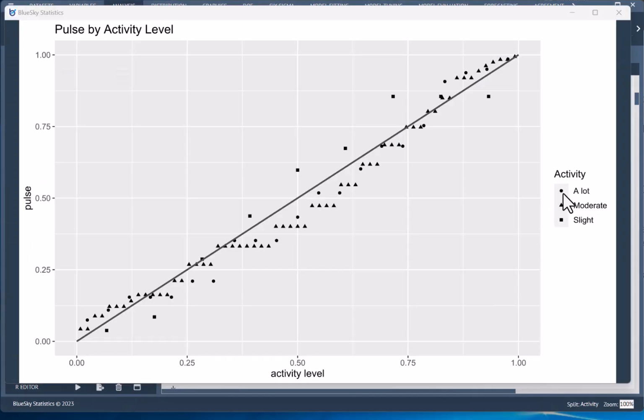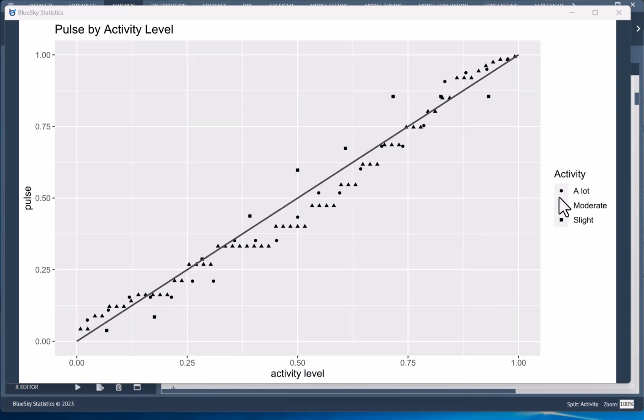It plots the three different activity levels versus the expected probability level. If the data are normal, they'll scatter randomly about this line, which represents a perfectly normal fit. A lot has a fairly small set of data, but these are the round dots, and you can see that they're scattered fairly randomly around this line.